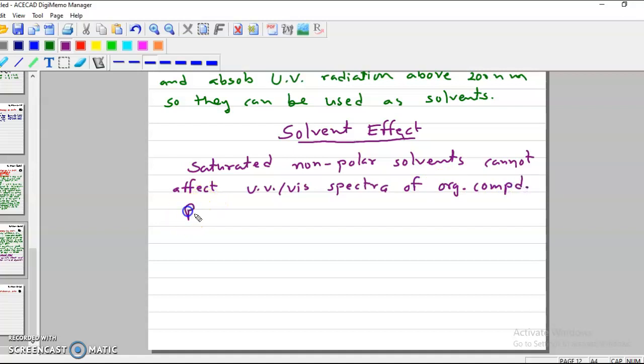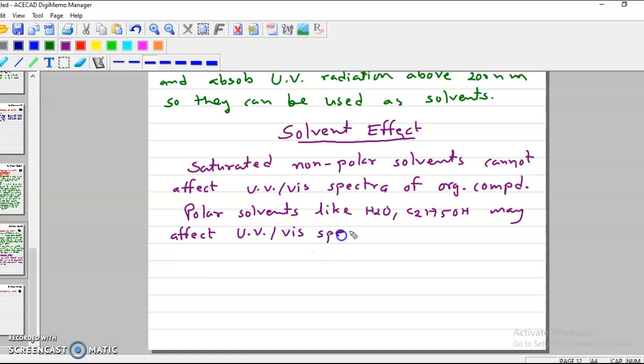Polar solvents like water, ethanol may affect UV visible spectra if they interact with organic compound.